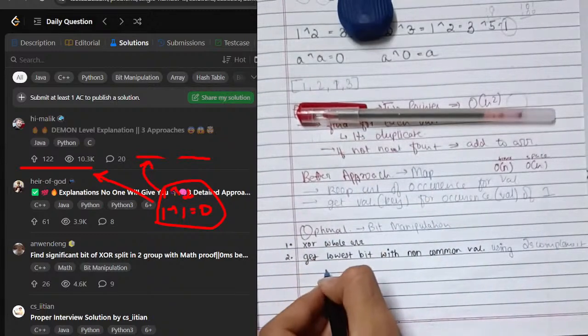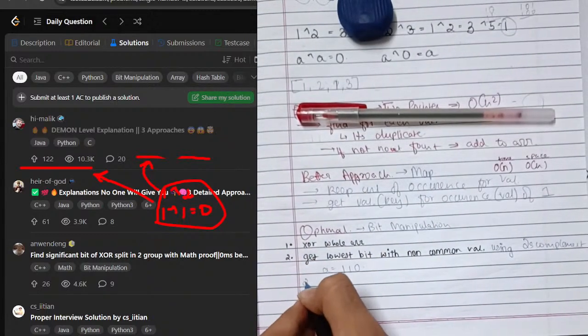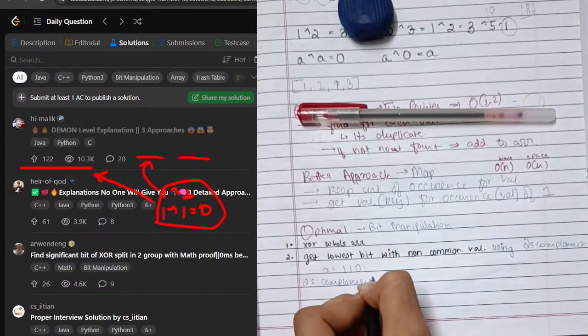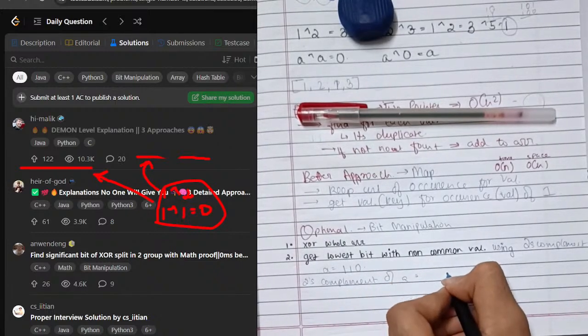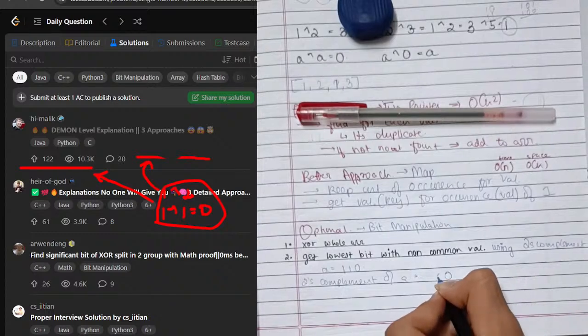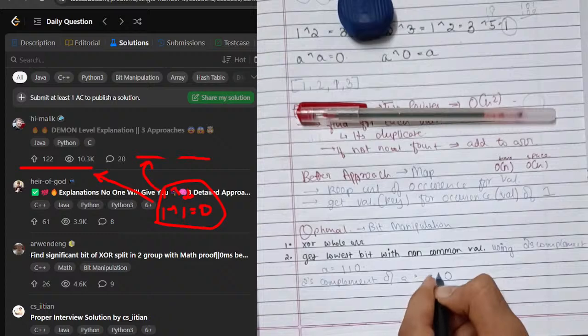A equals to 6. What is 110? Two's complement of A equals to, so first bit first zero will remain as it is. Then we will do reversal. No, till the first one. Then we will do the reversal.